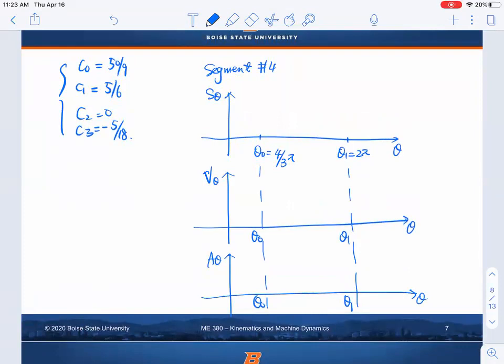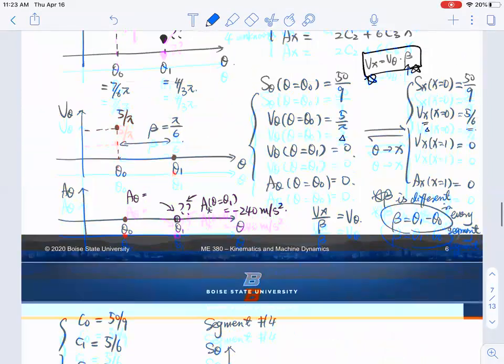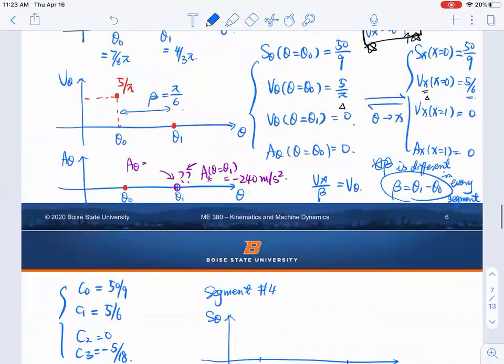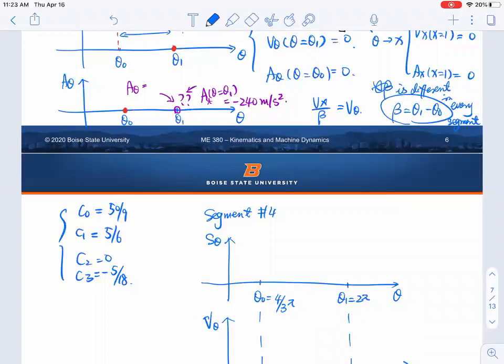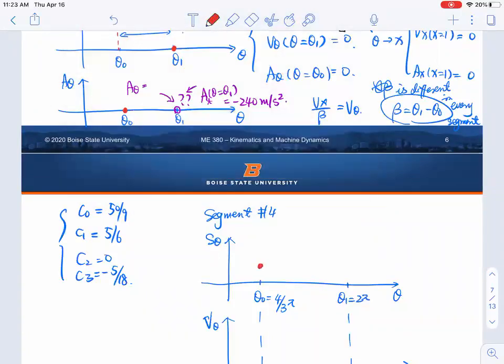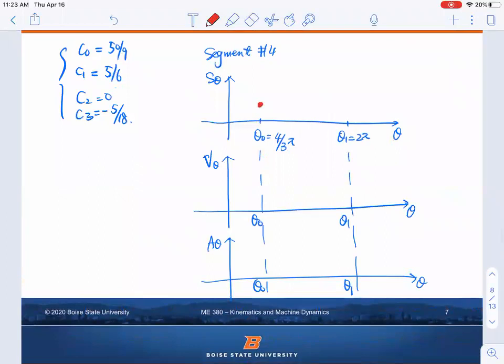So that's your S theta. Let's find out what we already know. Your S theta 1, we already know that's the value we calculated from this step. And then we already know it should end at 0. And we already know the velocity is initially 0.